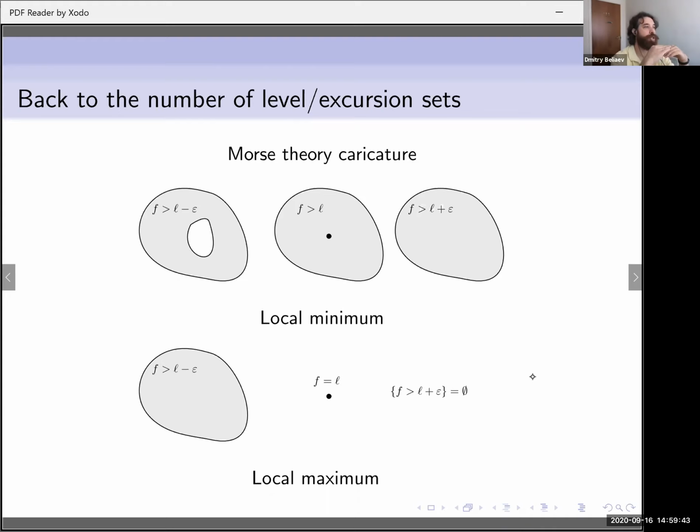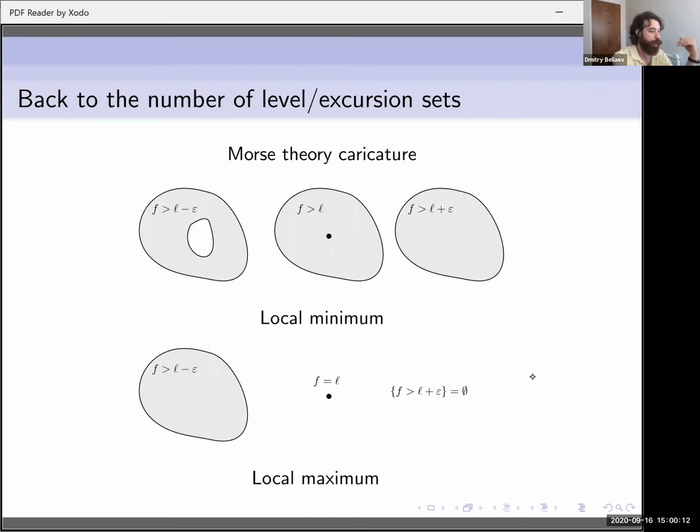So when you cross this level, remember that we look at the number of domains above this level. The number of domains does not change, but the number of connected components of the level set does change. Here we used to have two boundary components, 1 and 2, then the inner component shrinks to a point and then disappears.